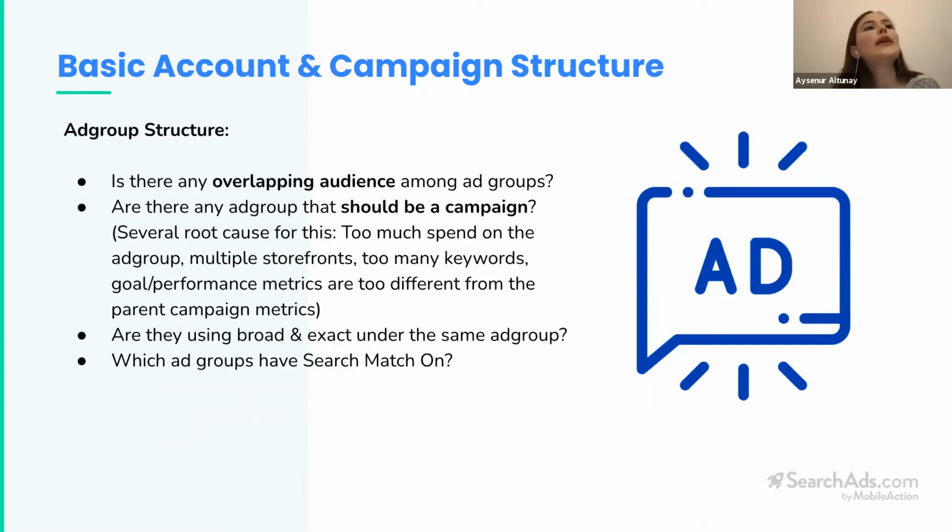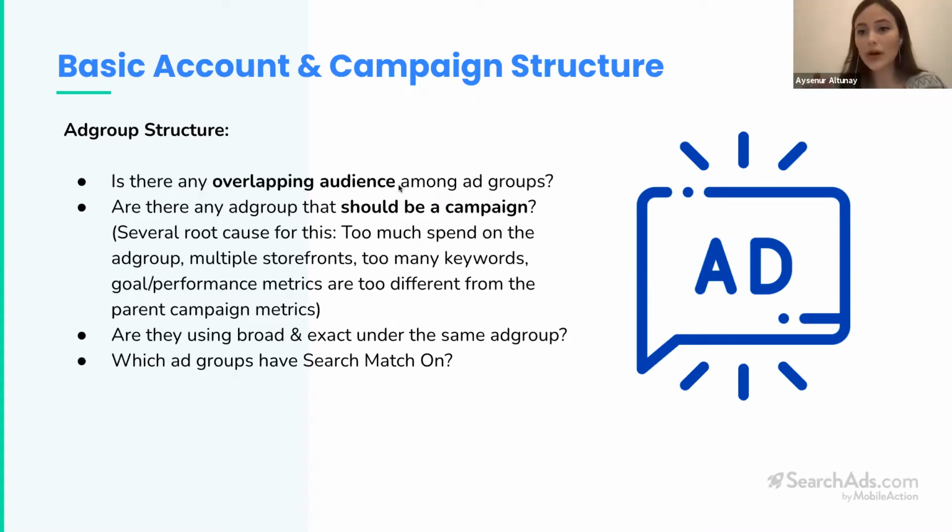And while you are analyzing your existing ad group structure, there are also some other questions. For example, you can check using some filters. On our platform, there are filters that you can use to check if there is any overlapping audience among ad groups.